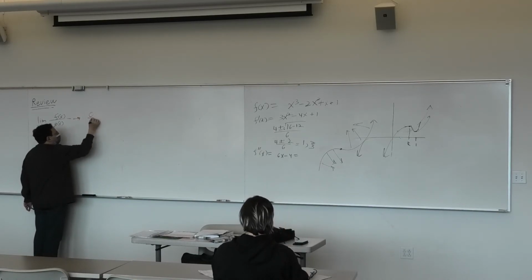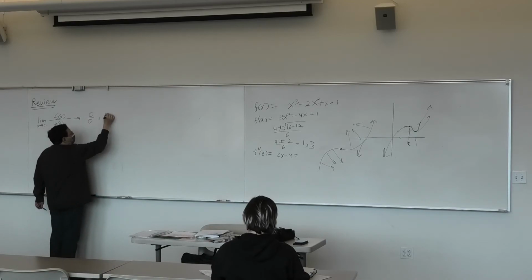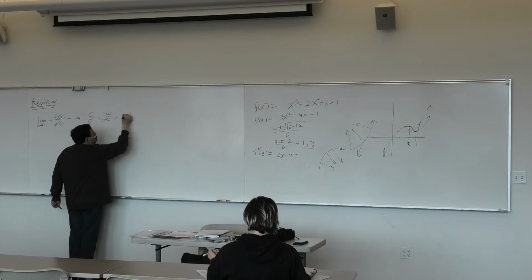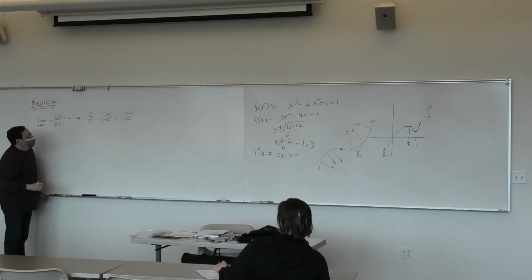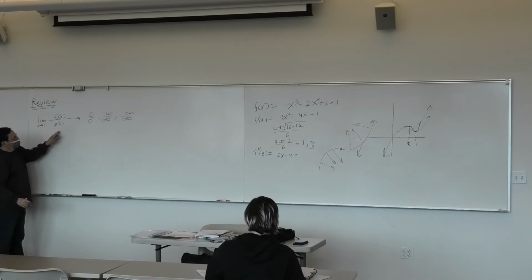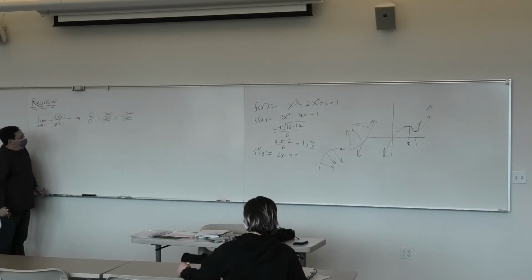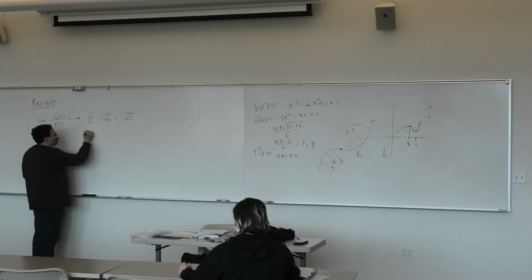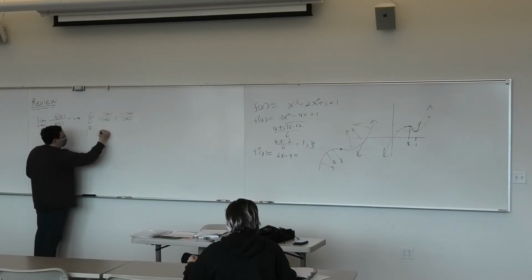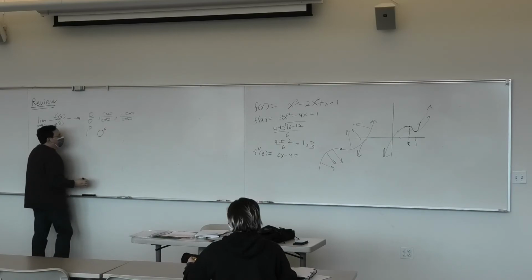It could be 0 over 0, infinity over infinity, negative infinity over infinity. These are indeterminate forms, then you can apply L'Hopital's rule. In more obscure examples, you might have something like 1 to the 0, or 0 to the 0.